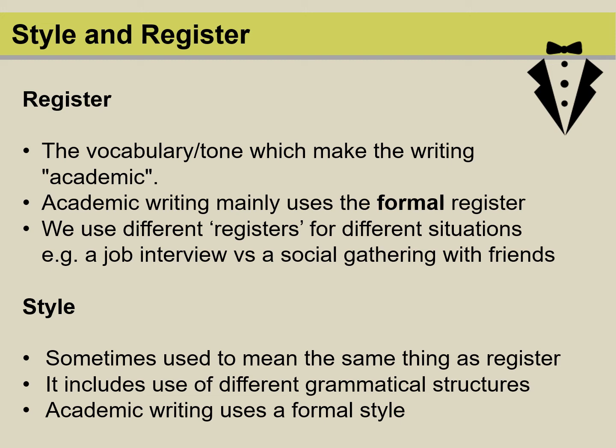So the term style is also occasionally used to refer to that need to have the appropriate tone for the appropriate situation. But it also includes variations in grammar structures too. I wouldn't get too tied up about the difference between style and register. Just take from this slide that in academic writing we really need to use a formal approach.